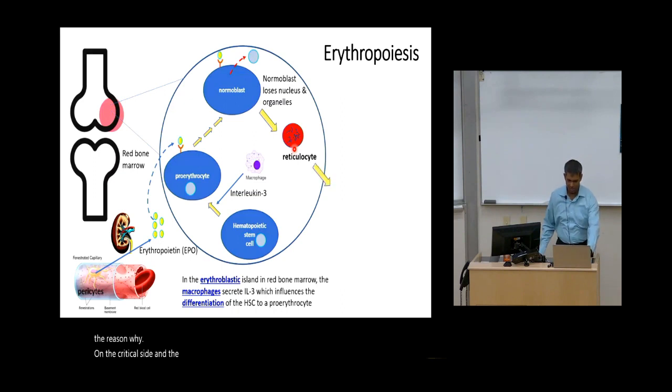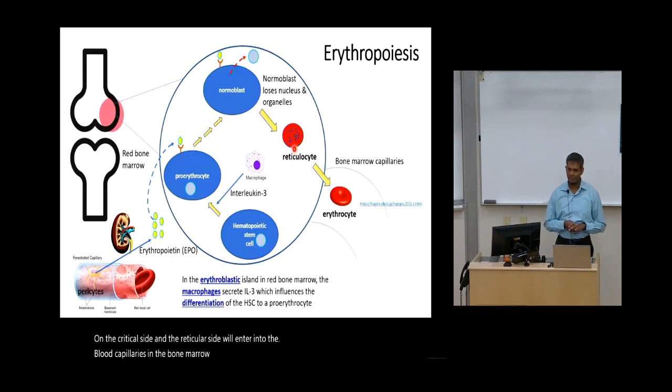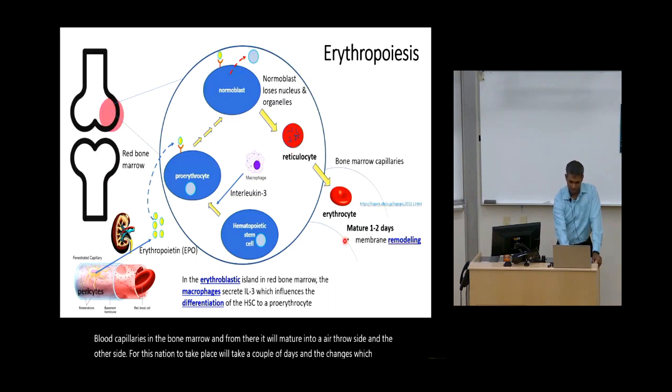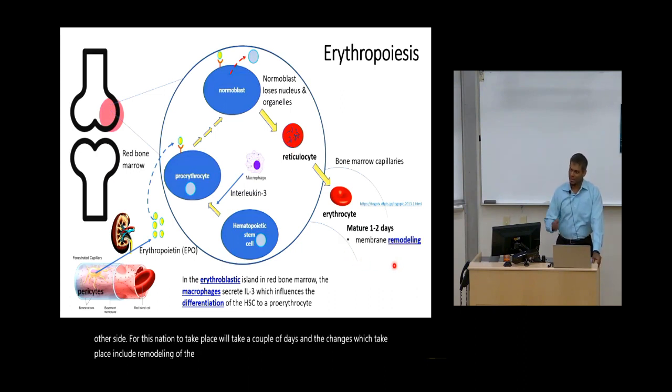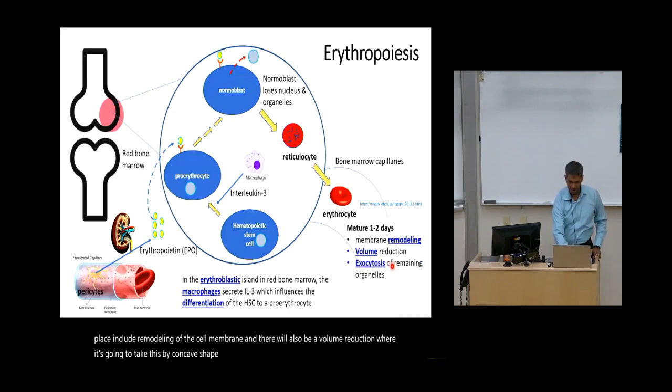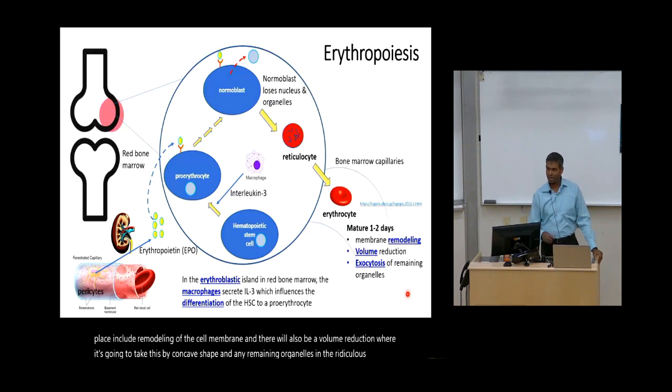And the reticulocyte will enter into the blood capillaries in the bone marrow, and from there it will mature into an erythrocyte. For this maturation to take place, it will take a couple of days, and the changes which take place include a remodeling of the cell membrane, and there will also be a volume reduction where it's going to take this biconcave shape, and some of the remaining organelles in the reticulocyte will be exocytosed.